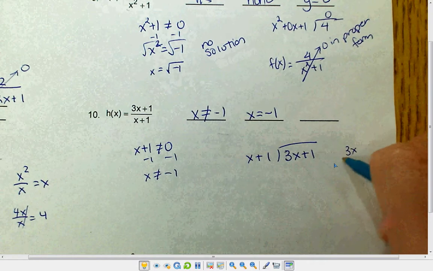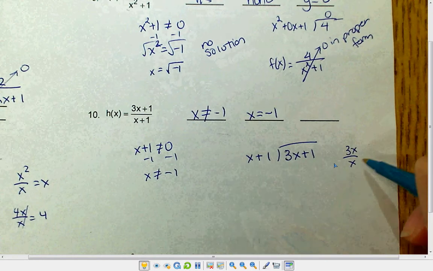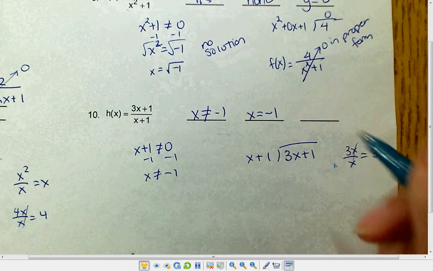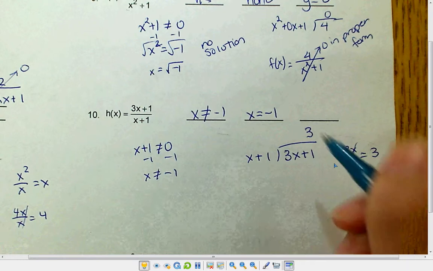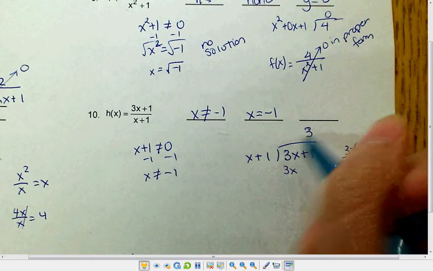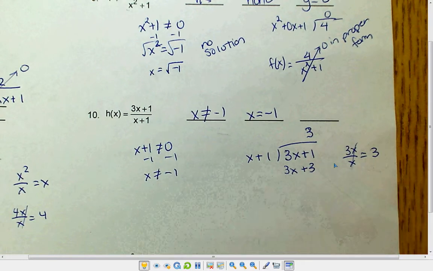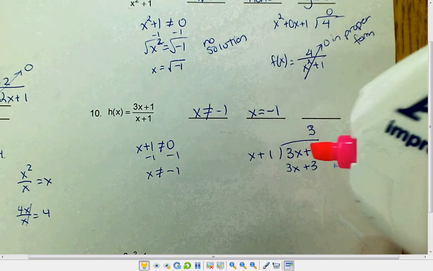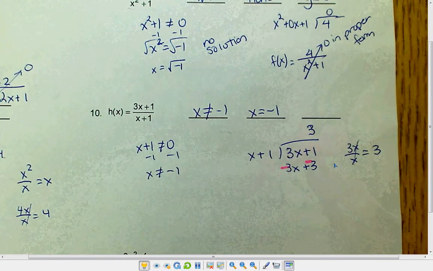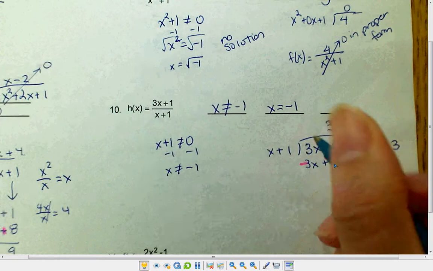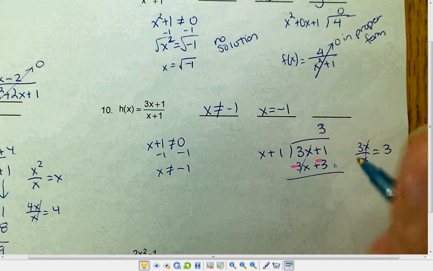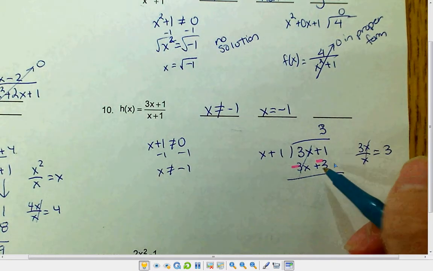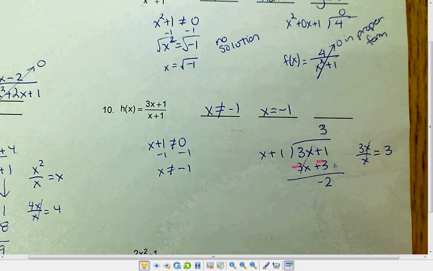So 3x divided by x, we can do that. It just gives us 3. We're going to put a 3 up here. 3 times x is 3x. 3 times 1 is plus 3. Very important next step, change the signs. So they both become negative. And this gives us, these cancel out, 1 and -3 give us -2.